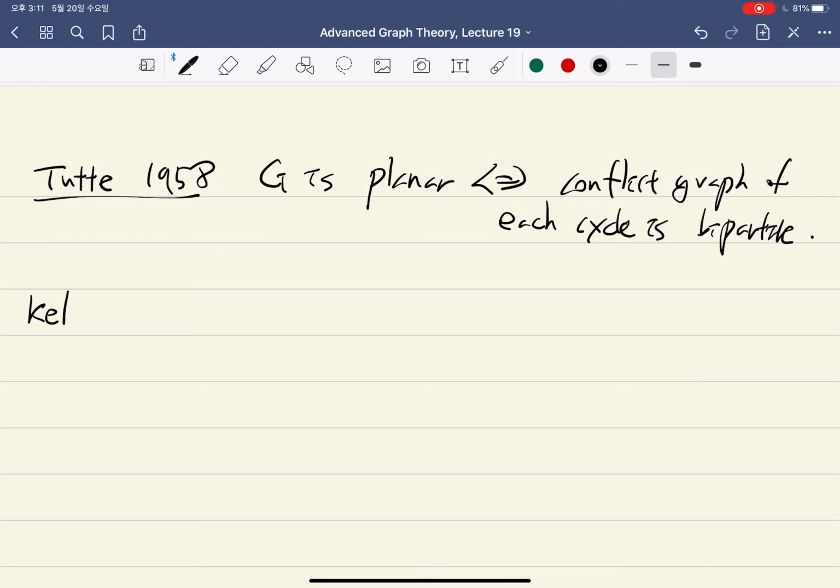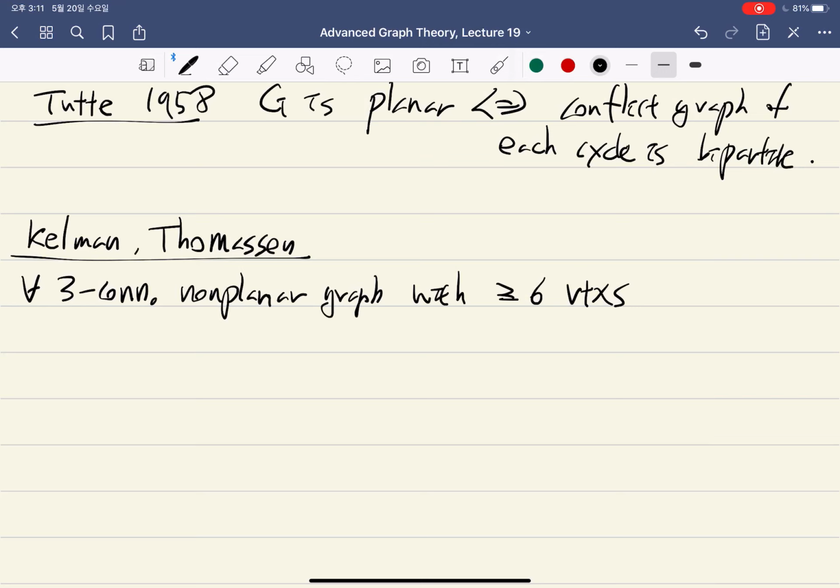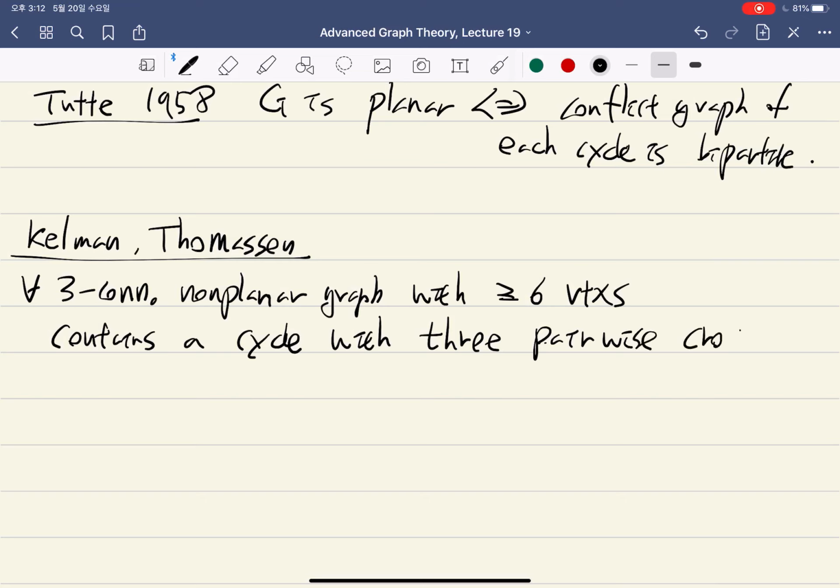And Kelmans and Thomassen proved that every three-connected non-planar graph with at least 6 vertices contains a cycle with 3 pairwise crossing chords.